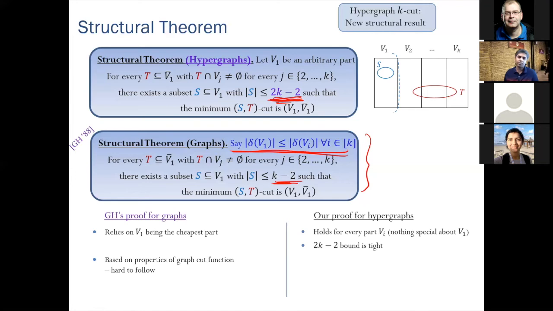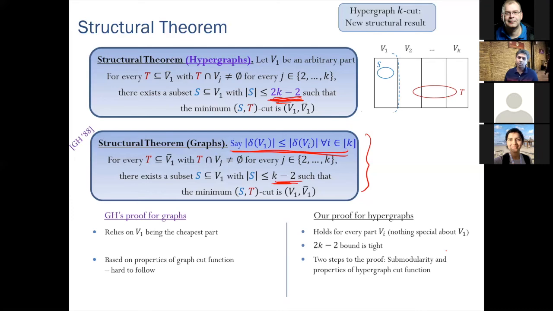Whereas we break the proof of our structural theorem into two clean parts. The first part depends only on submodularity, and the second part still relies on properties of the hypergraph cut function, where we still have to do some careful hyperedge counting, but we have managed to split the proof into two parts.